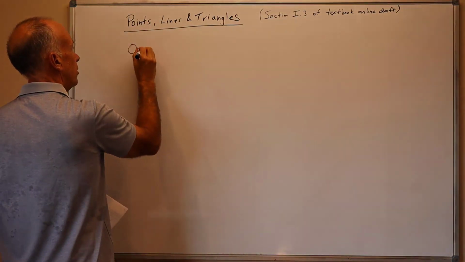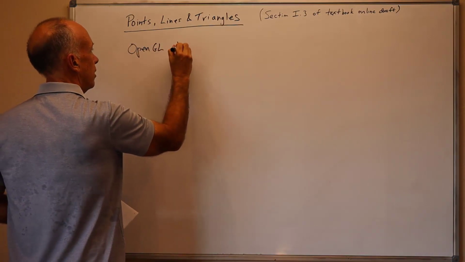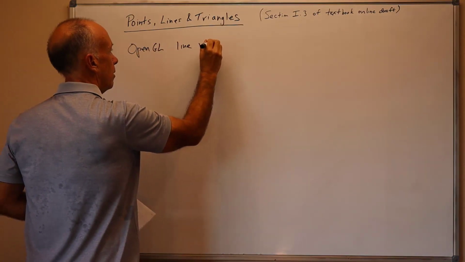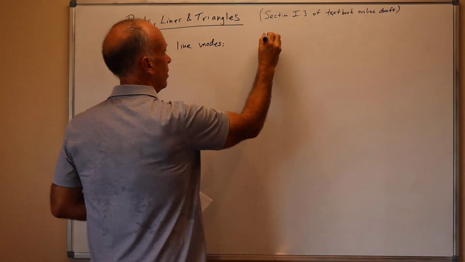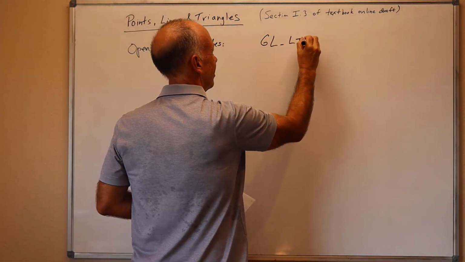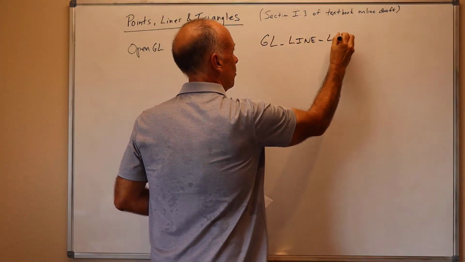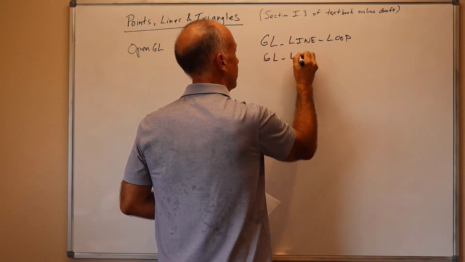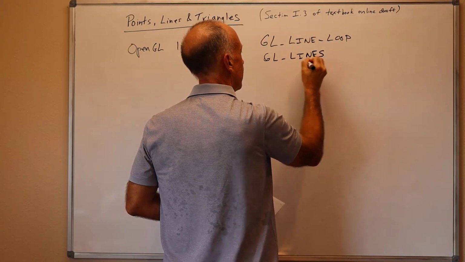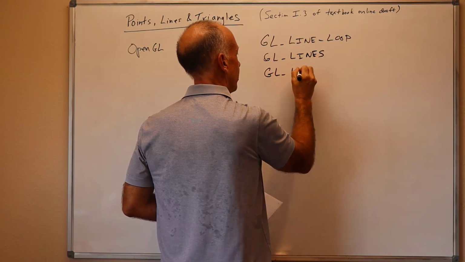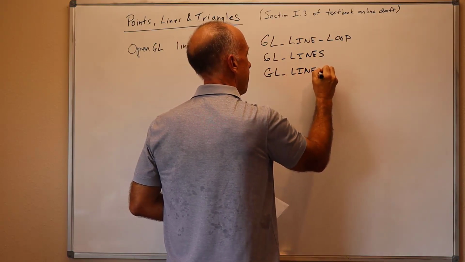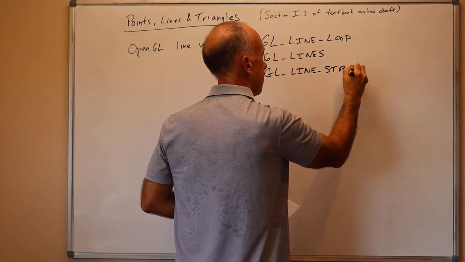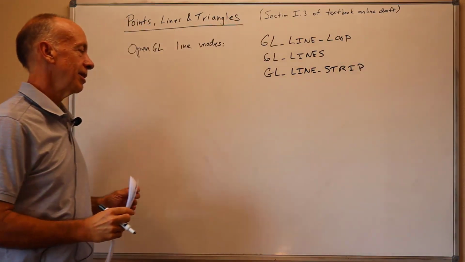So there's 3 modes that OpenGL has for drawing lines. We've already seen GL line loop. There's also GL lines and GL line strip. Let me just illustrate these with examples.